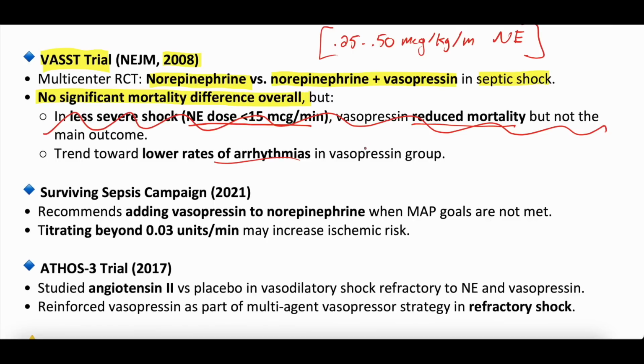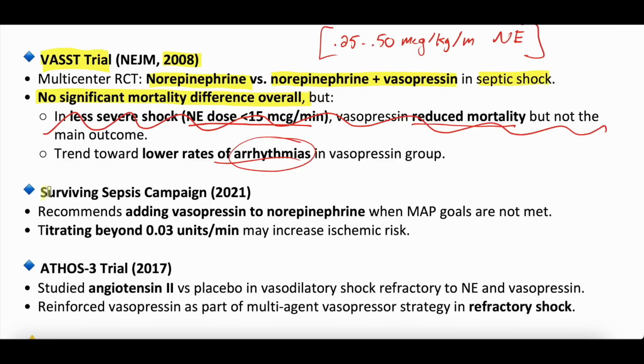So it seems like adding vasopressin, most likely at these higher doses, does not improve mortality, but it might decrease the number of arrhythmias a patient's going to have. It also might decrease the amount of norepinephrine they need. And maybe if you start the vasopressin earlier, maybe, we do not know this, that might have an effect on mortality, but that will require additional studies.